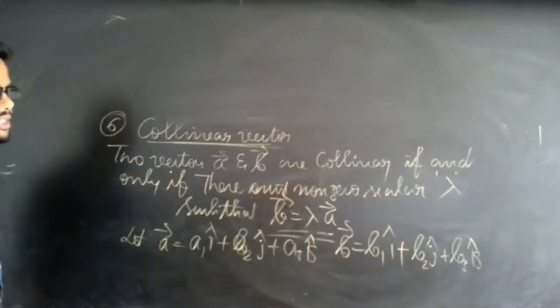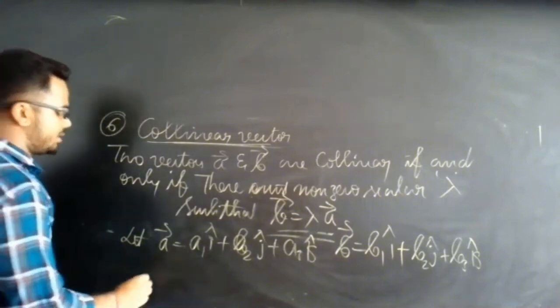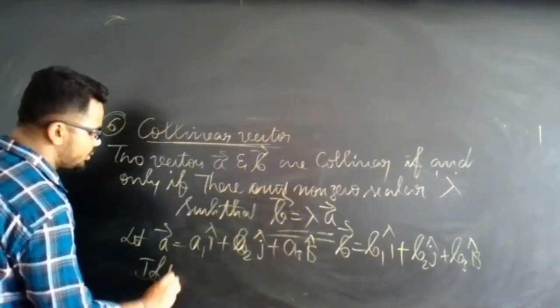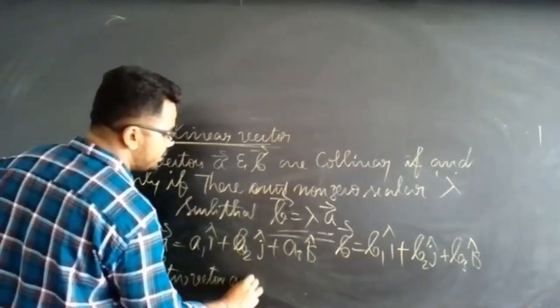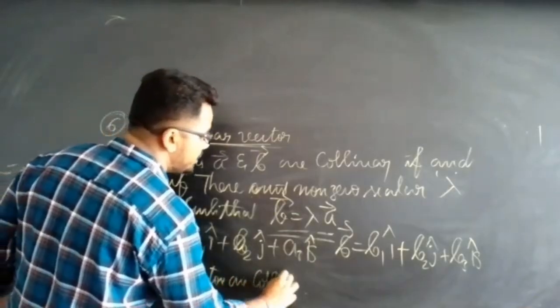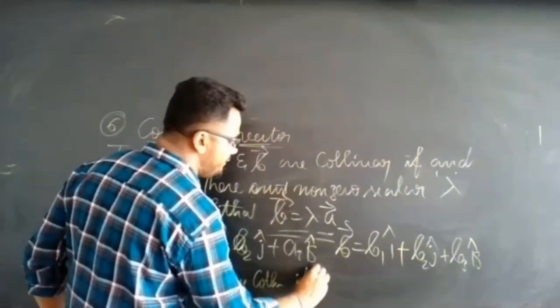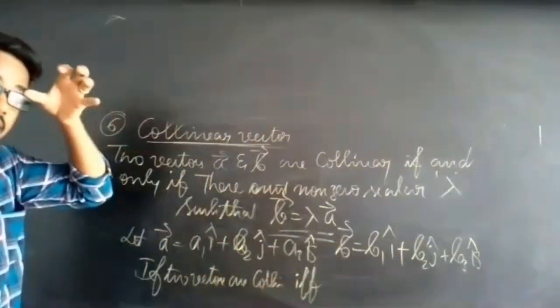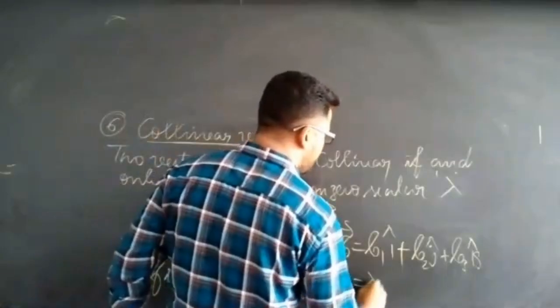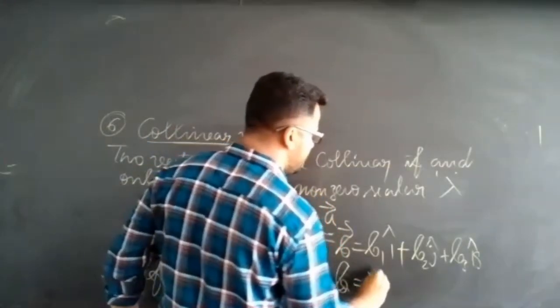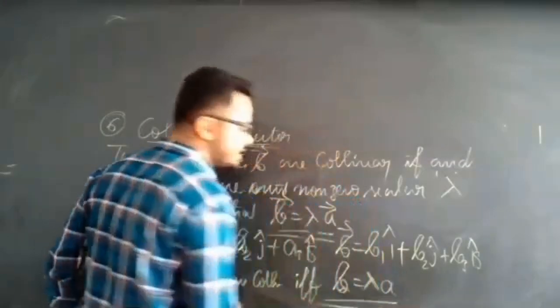Now, we know that when two vectors are collinear, if and only if, double if, A is equal to lambda B, otherwise B is equal to lambda A. We get this condition now.